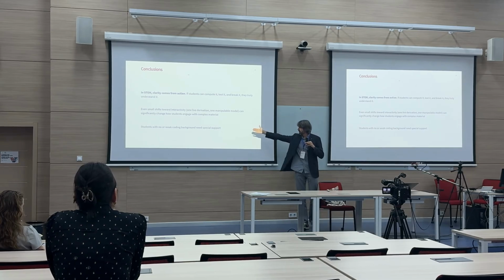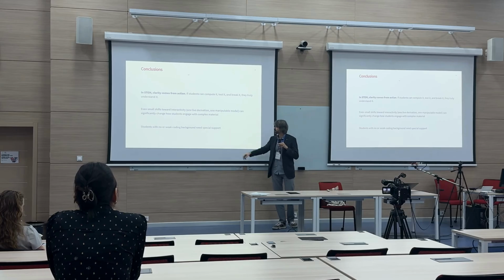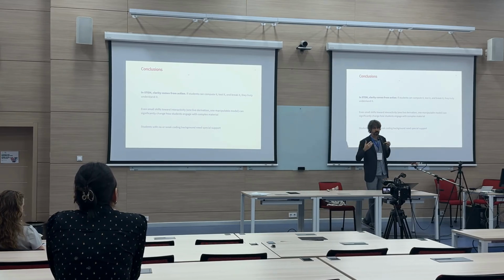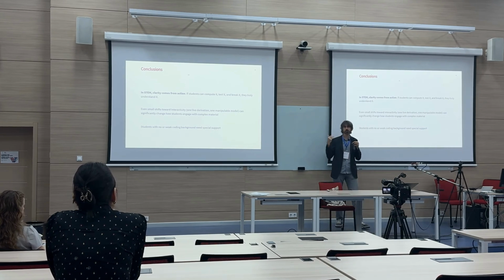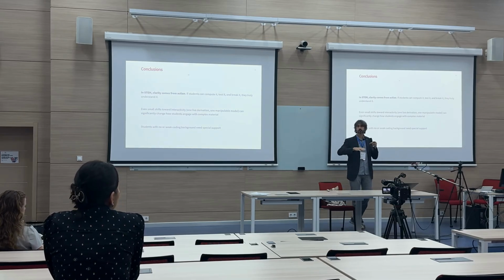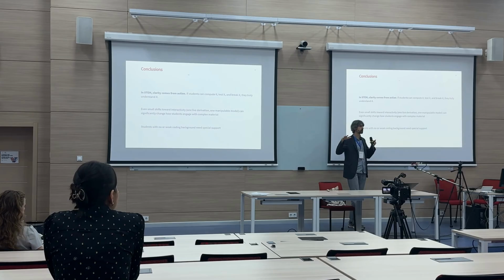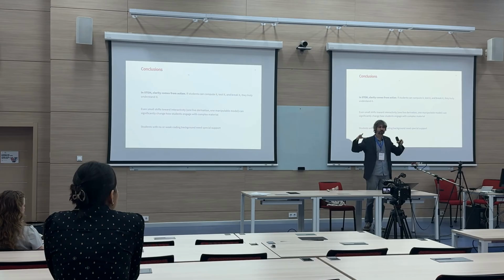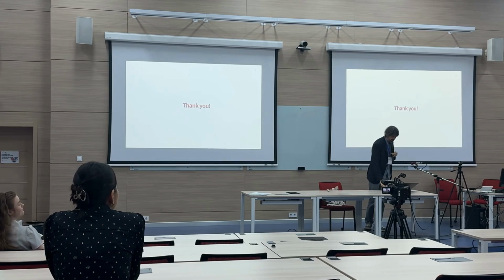And the thing is that, again, I'm thinking about students with no or weak coding background, they need special support. And currently I'm thinking about this all the time. How can I make this wonderful approach accessible to more people in my classes? Again, I would be really grateful for your suggestions. How can I broaden my audience here? Thank you very much.